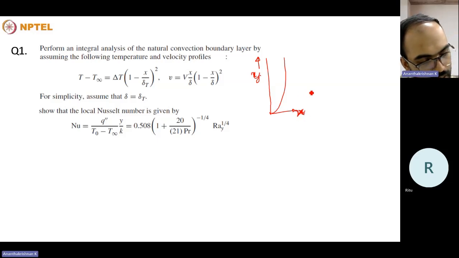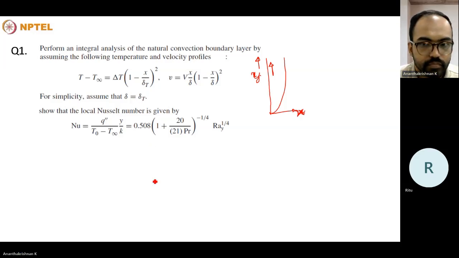It's different from the previous forced convection. The vertical dimension away from the wall will be x, and the flow direction will be y. The thermal boundary layer will be the same as the hydrodynamic boundary layer, delta equal to delta T.